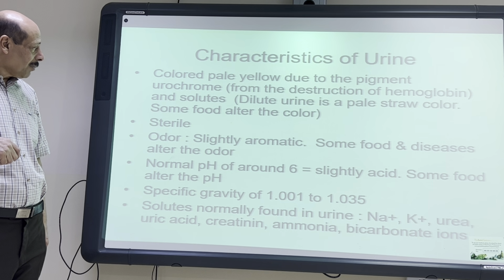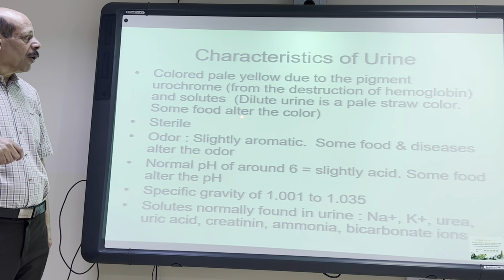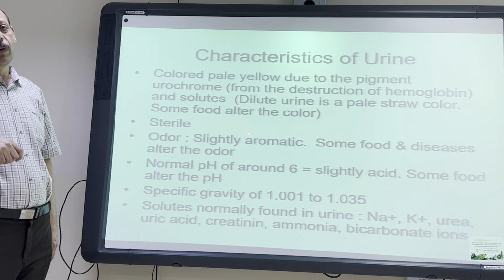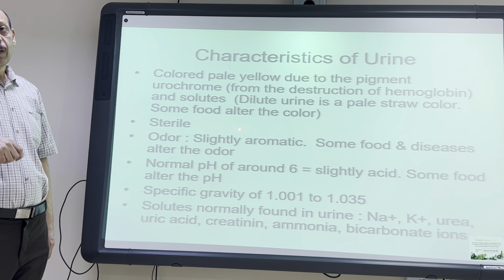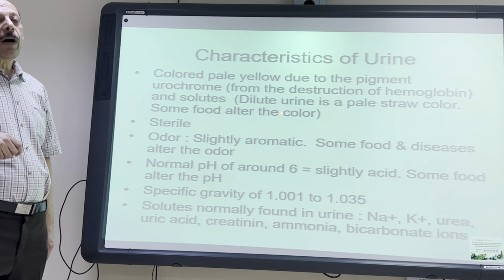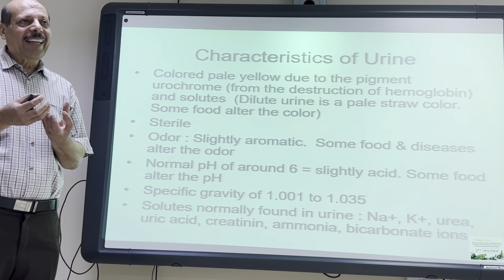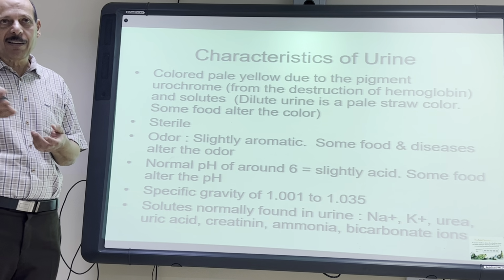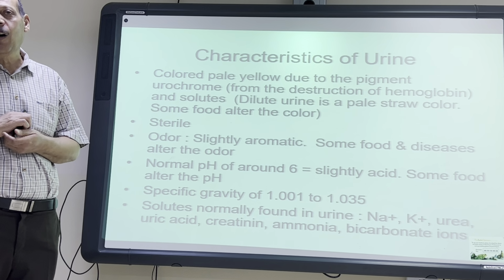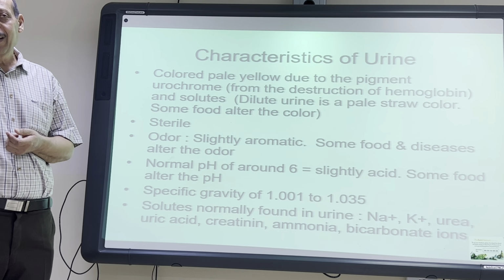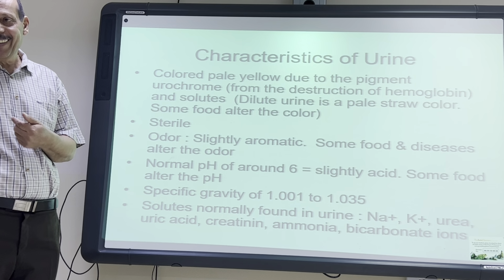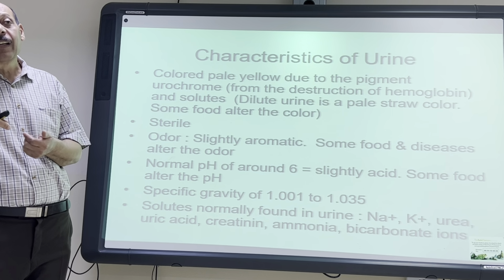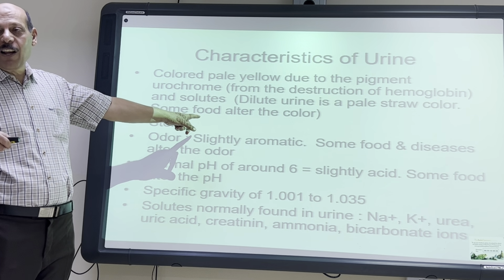Some food also might alter the color of the urine. We are taking many foods and they are colorful. There are different types of color in our food. So those dyes, which are normal dyes present there, might also affect the color of the urine.